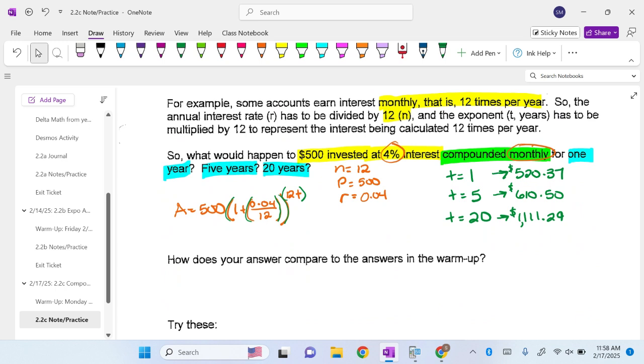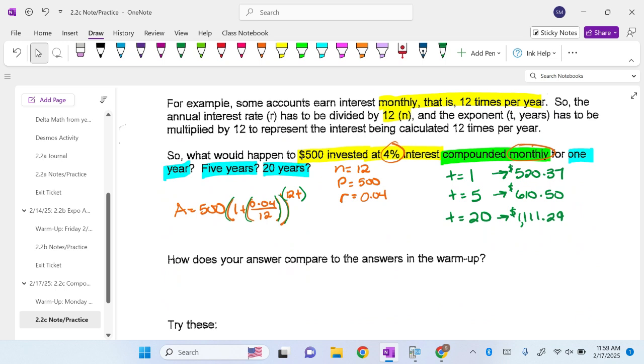Anyone got an idea? Someone who hasn't talked today. Why do you think if we compound monthly, we end up with more money than if we compounded yearly? Right, because you're essentially just doing it more times.